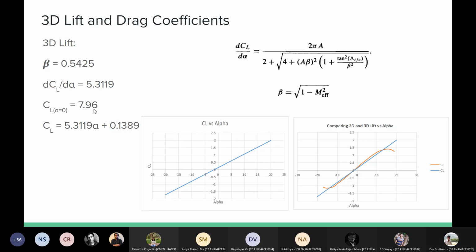So we got a CL equation of 5.3119 alpha plus 0.1389. So this is the 3D lift versus alpha. Comparing the 3D and the 2D lifts, we have a graph here. The blue line is the 3D lift, and the orange line is the 2D lift.